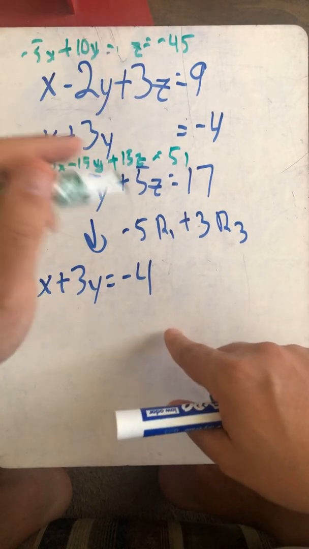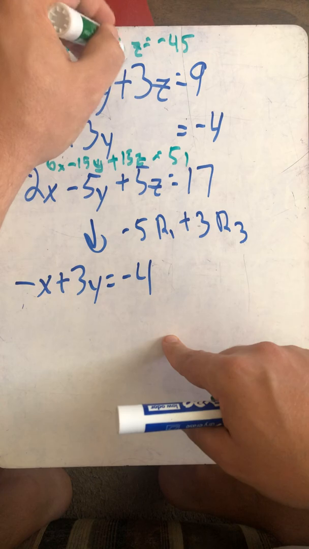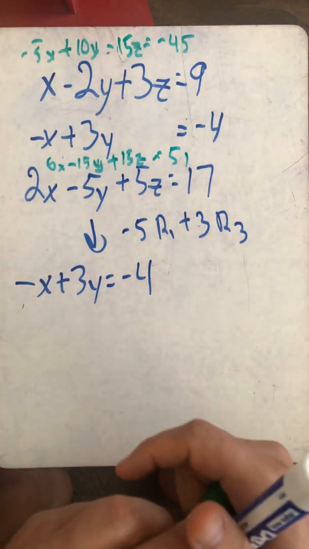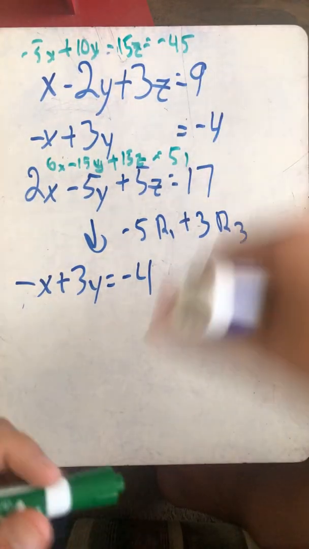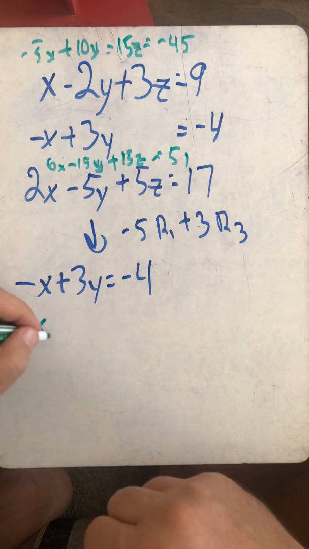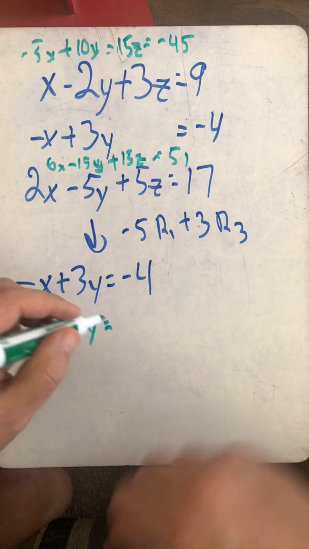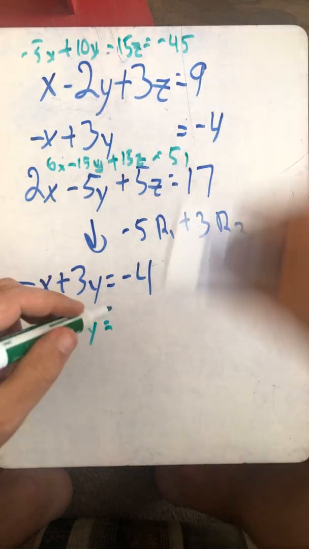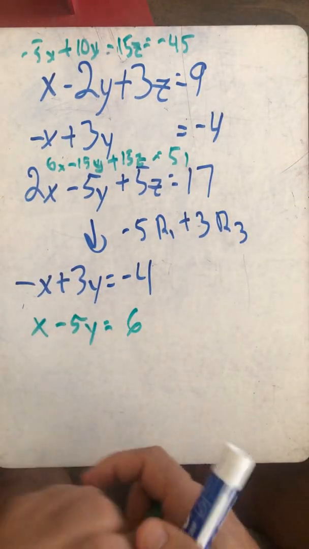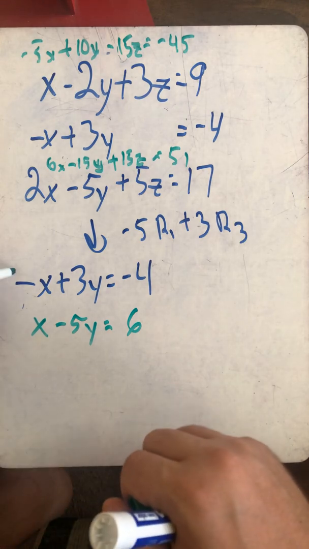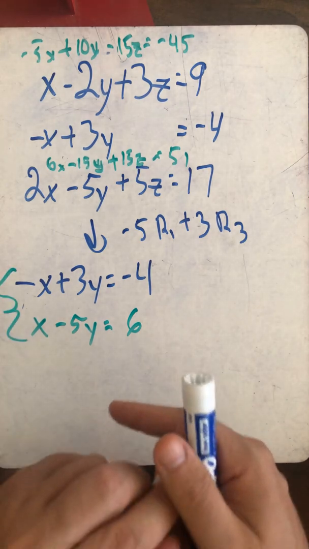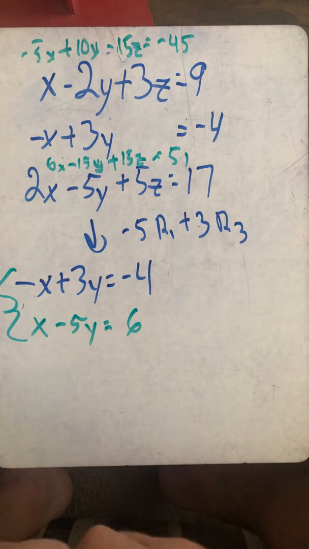This would be 15z. So now I'm going to add these two together. So we get x minus 5y equals 6. So now what we have done, we've changed it from 3 with 3 to 2 with 2.